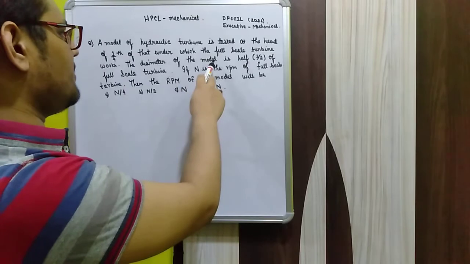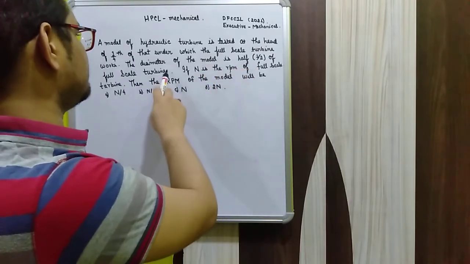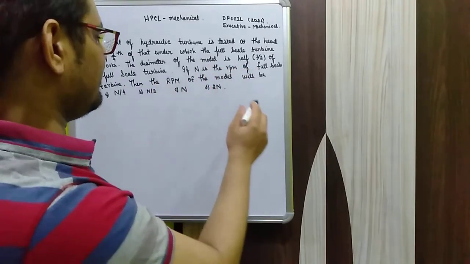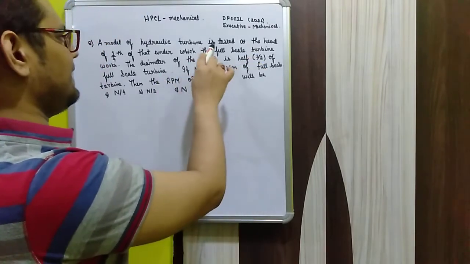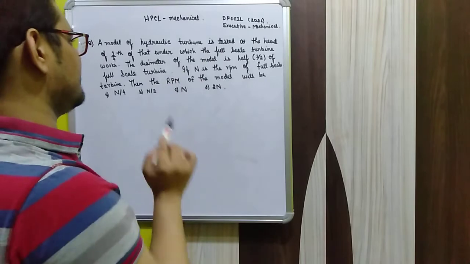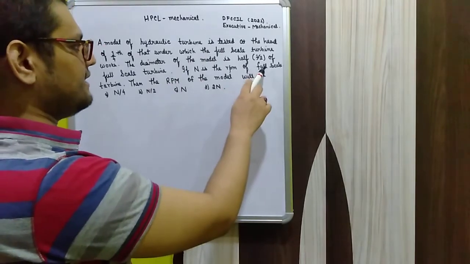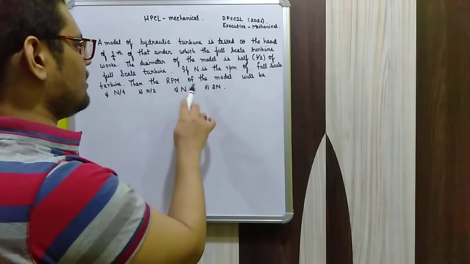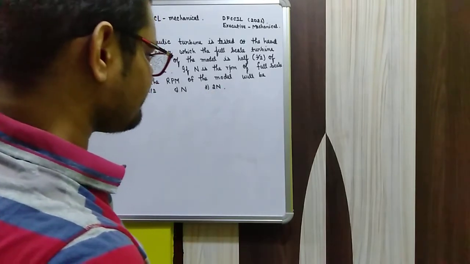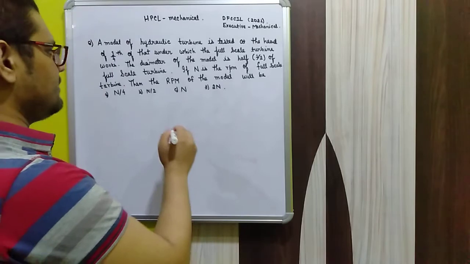The diameter of the model is half of the full scale turbine. Even the head is 1/4 of the full scale turbine. So if N is the RPM of the full scale turbine, what will be the RPM of the model? Now I go to this question.